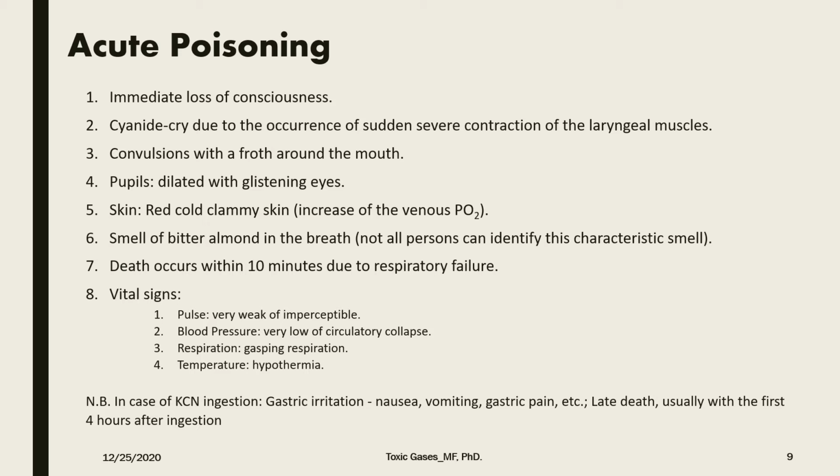There will be gastric pain, and usually death occurs within the first 4 hours after ingestion. Accordingly, 4 points are of major diagnostic importance: the sudden onset and catastrophic course, the characteristic odor of bitter almond, the bright red color of the skin, and knowledge of the patient's occupation and or suicidal tendencies.